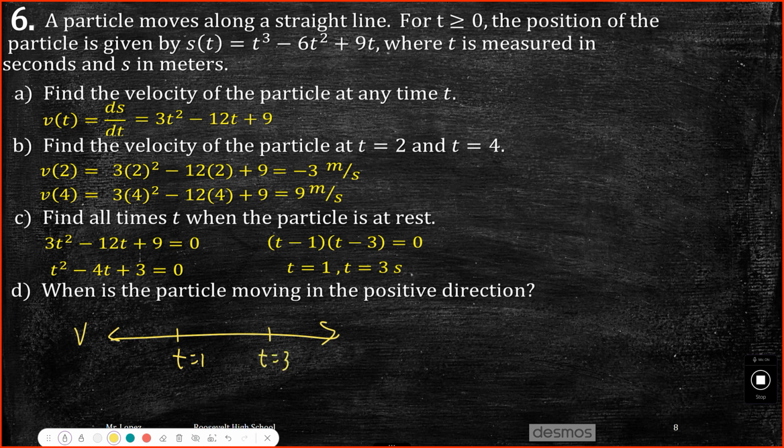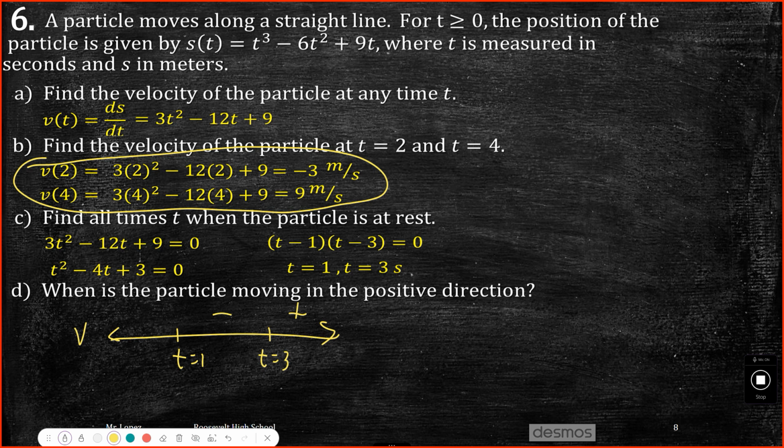Doesn't this help us out anyways? Didn't we already kind of do this? At t equal to 2, which is between 1 and 3, what's the velocity? And what's the velocity at 4? We just need to test the left side, which is 0.